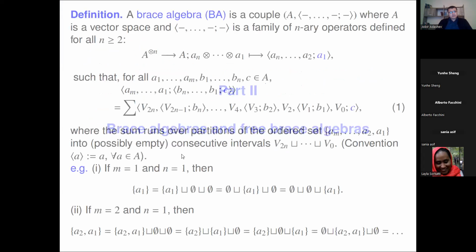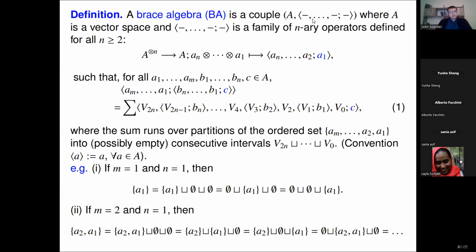Now part 2. Let me give you the definition of brace algebra. A brace algebra, BA for short, is a couple (A, angle brackets), where A is a vector space, and the angle bracket is a family of n-ary operators defined for all n greater than or equal to 2.